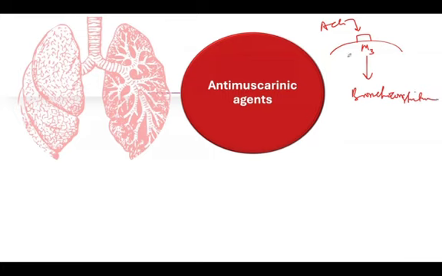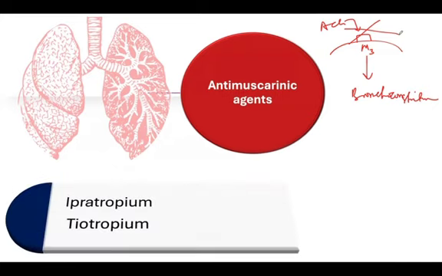Now, if we don't want this bronchoconstriction, what do we do? We give a drug that blocks the action of acetylcholine on these M3 receptors, and that ensures that we don't have the bronchoconstriction, we have bronchodilation. And so examples of these drugs, we have ipratropium, we have tiotropium. Ipratropium is short-acting, tiotropium is longer-acting in duration.